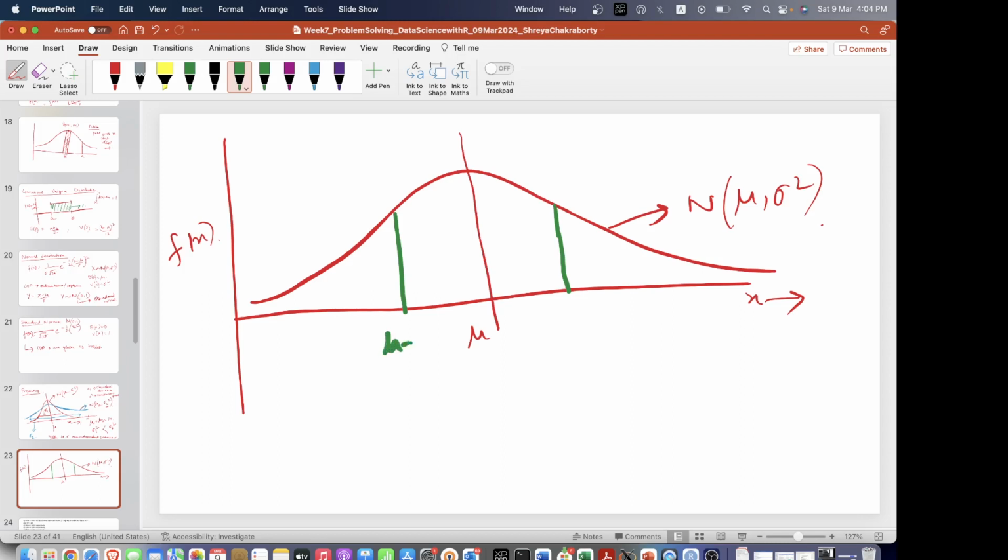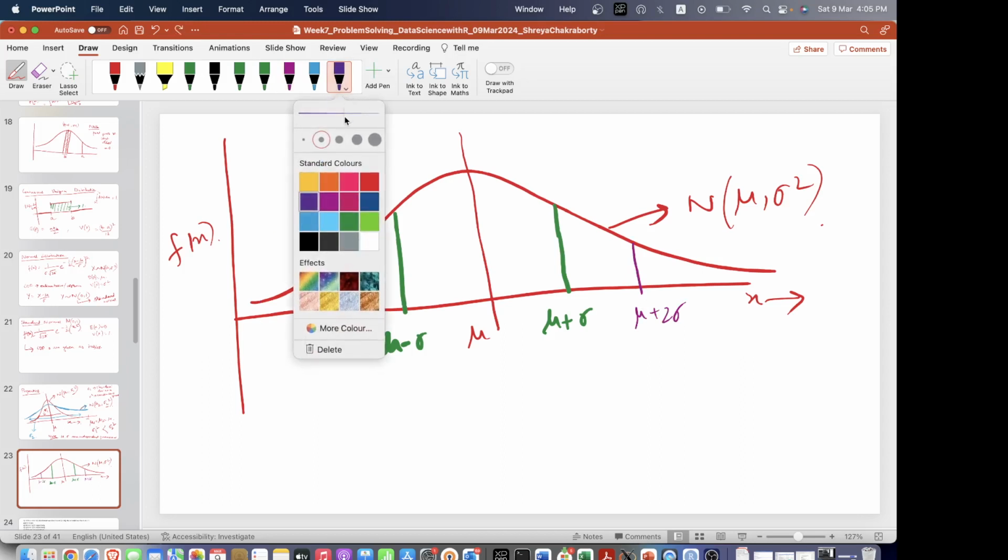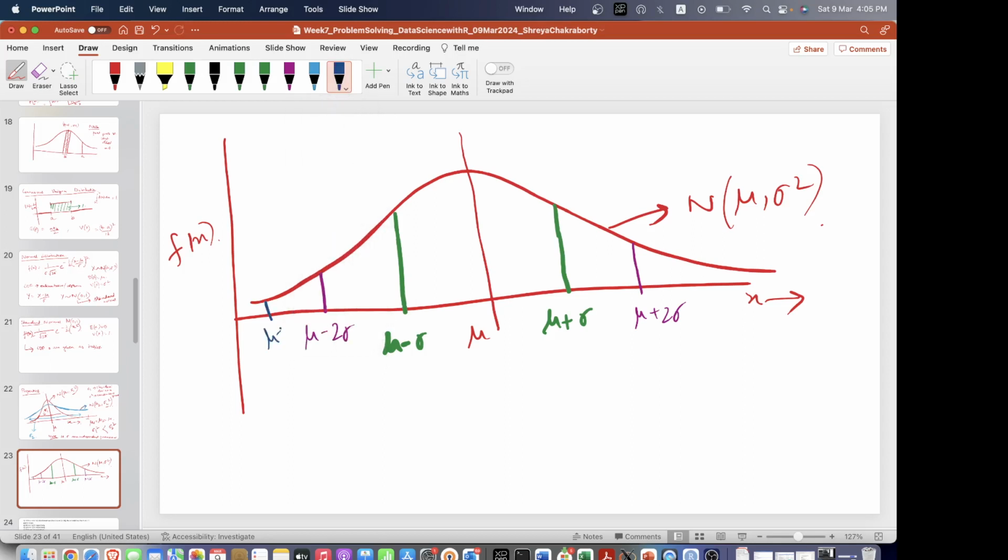This is mu minus sigma, this is mu plus sigma, this is mu minus 2 sigma, this is mu plus 2 sigma, and this is mu minus 3 sigma, and this is mu plus 3 sigma.